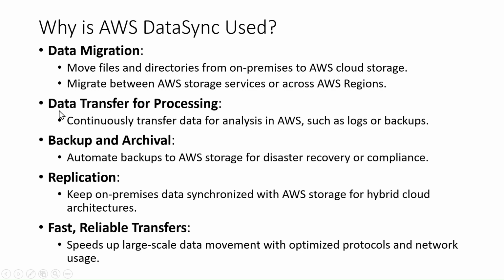Next is data transfer for processing: continuously transfer data for analyzing in AWS. Assume you have infrastructure running on premises, or physical infrastructure, and you want to process or analyze the data. If you want to analyze your data or keep backing it up continuously, you don't want to build another on-premises infrastructure. For those purposes, you would go with the cloud infrastructure, for backing up and analyzing the data.